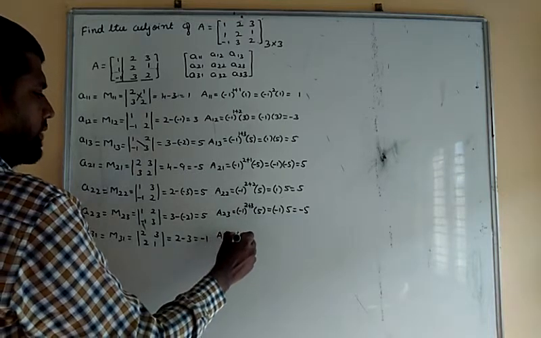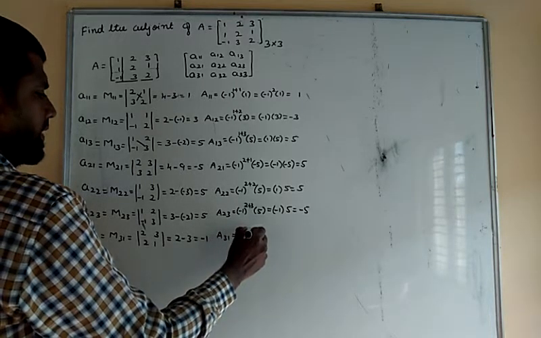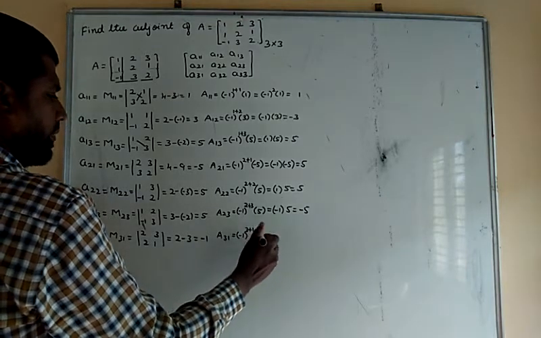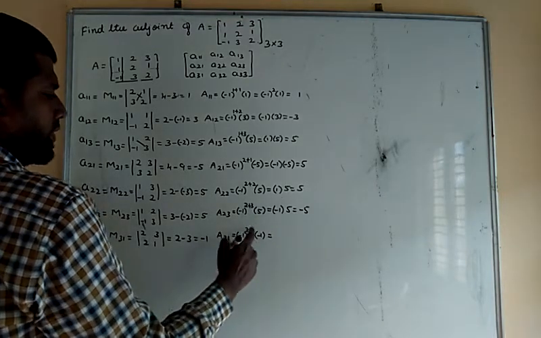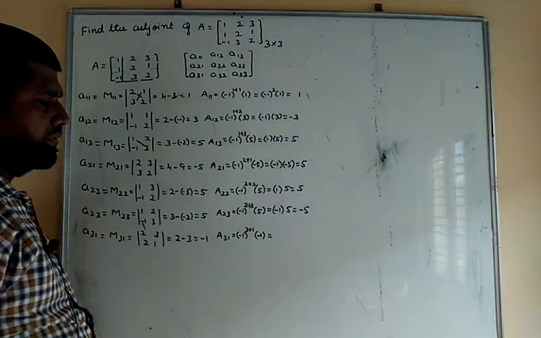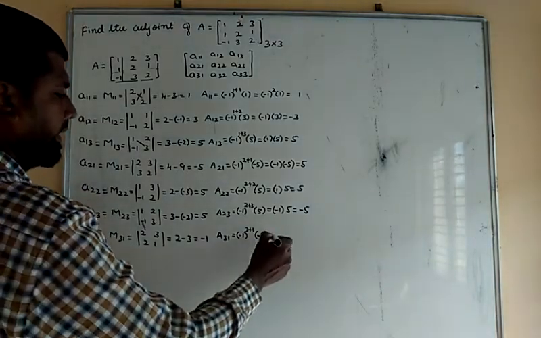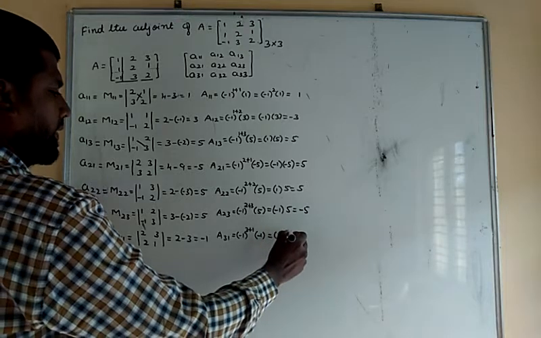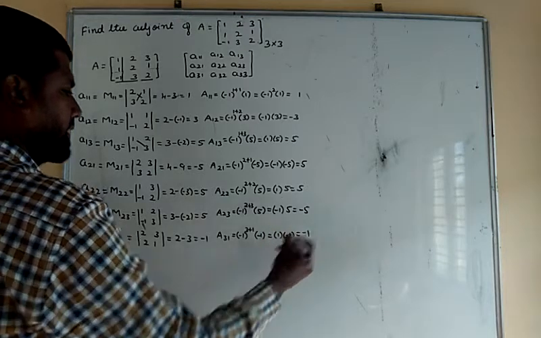A31 is equal to minus 1 whole to the power of 3 plus 1, the power is 4, an even number. If you multiply 4 times the minus 1, you are getting plus 1. So 1 into minus 1, you are getting the cofactor as minus 1.